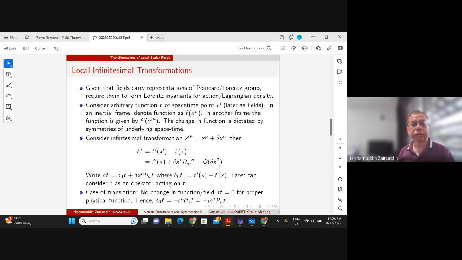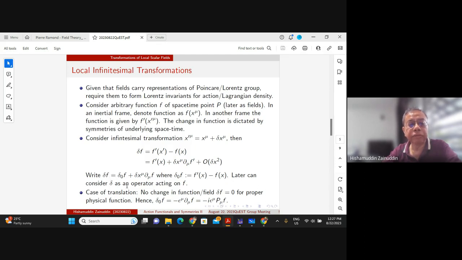So in that case, one would expect the fields, usually if we think of fields as being physical, will have no change in the form itself under translation. So in that particular case, your delta f over here will be 0.